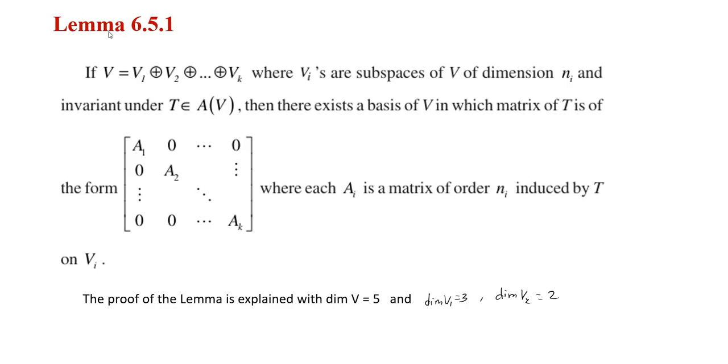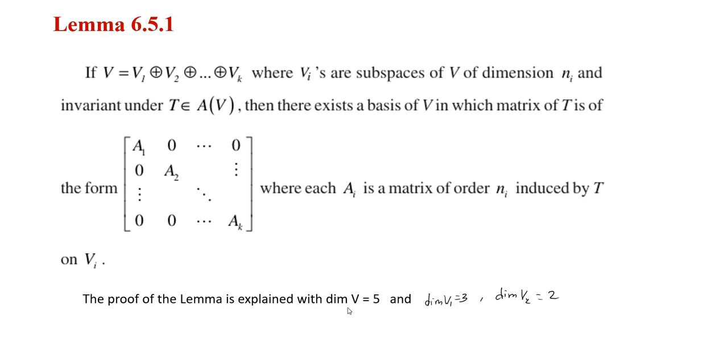So we will give the proof of this lemma by considering the dimension of V to be 5, and let it have subspaces, say V1 and V2, of dimensions say 3 and 2. So these are our assumptions only. It will be easy for you to understand the lemma with the help of numbers rather than n1, n2, n like that.